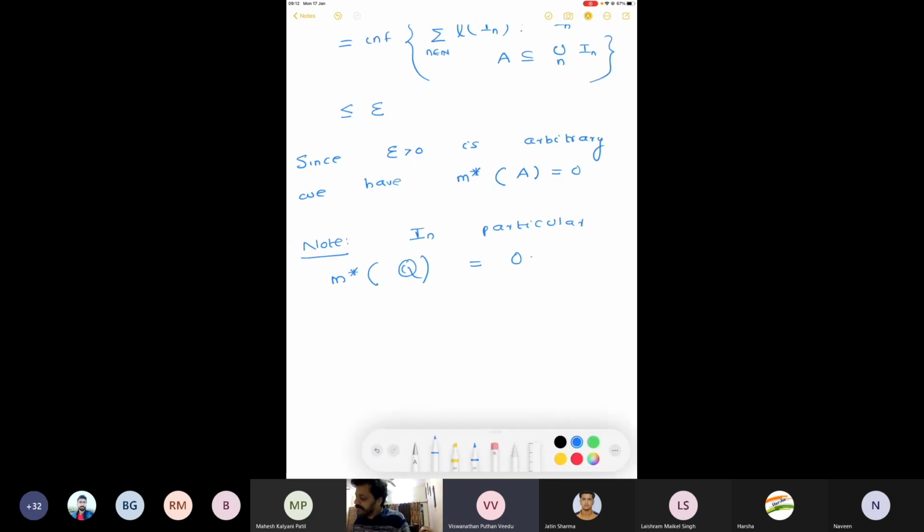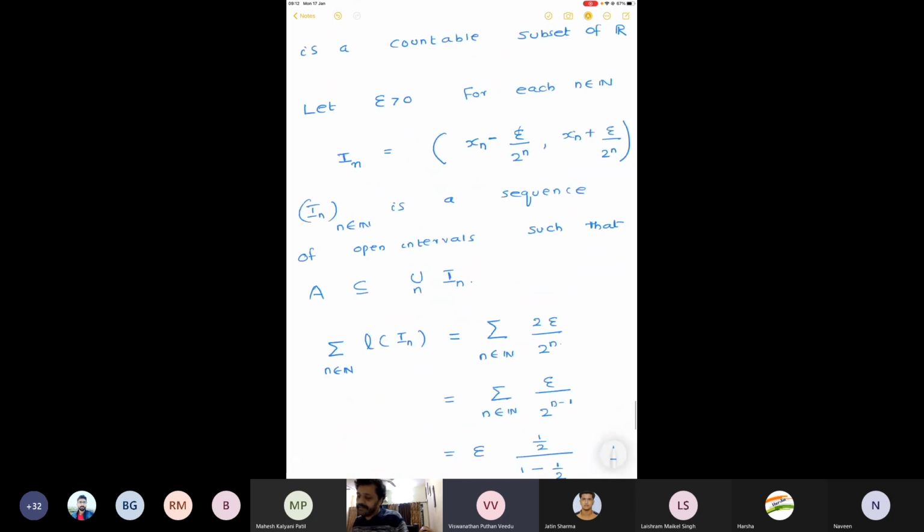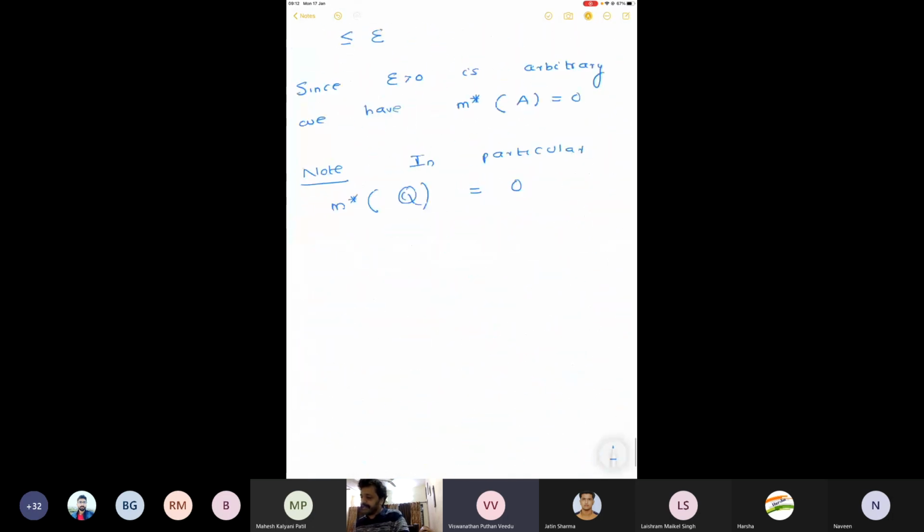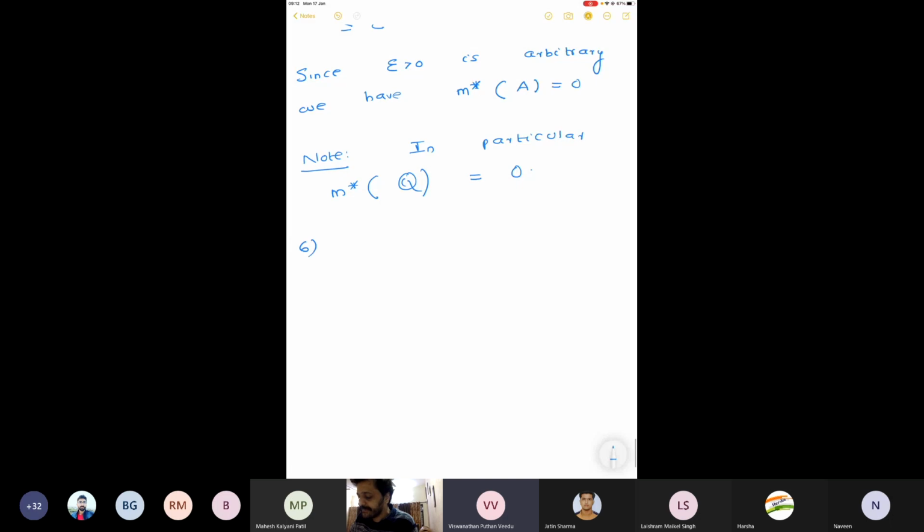Now, let me say another good property that M star has. Suppose you take two different subsets of R, A and B, such that one is contained in the other.